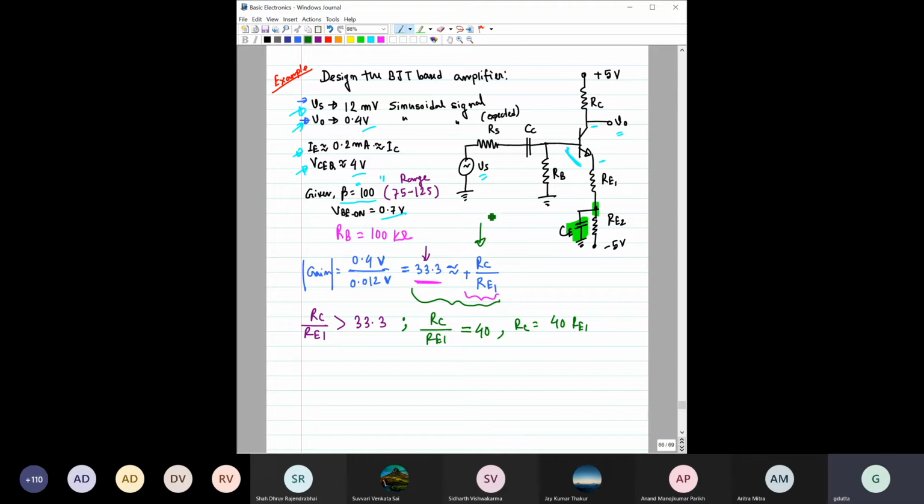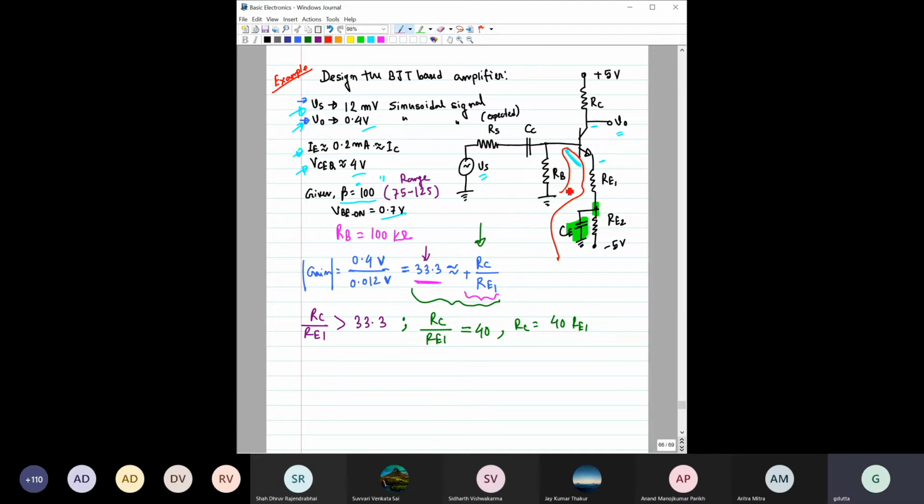Now we are doing the DC analysis. Remember, we are not doing the AC analysis as of now. So during DC analysis, if we apply one KVL along this loop, then what can we write?